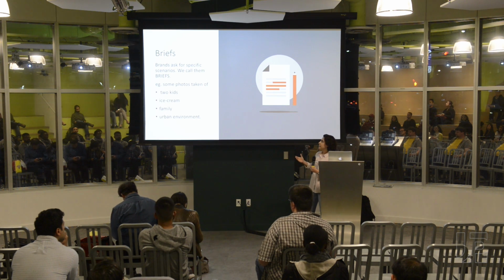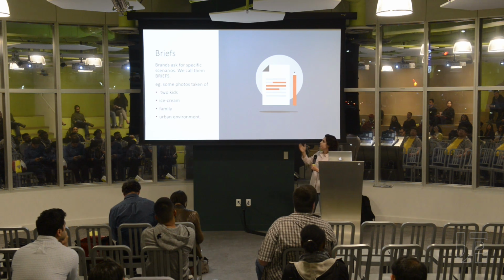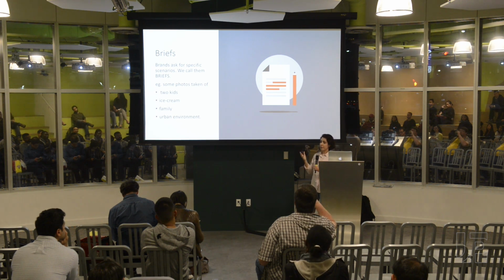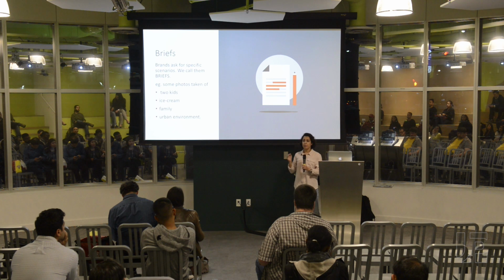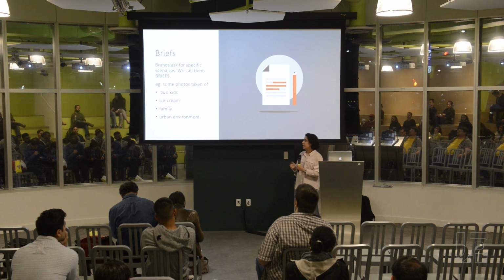As data scientists, we care about each of the data points for each of the attributes in this brief. For instance, we will find out that the media type is photo. We have two kids, so that photographer should have access to kids. The category of the brief is lifestyle because we are shooting for people, and because we are shooting ice cream, the category could be product as well.